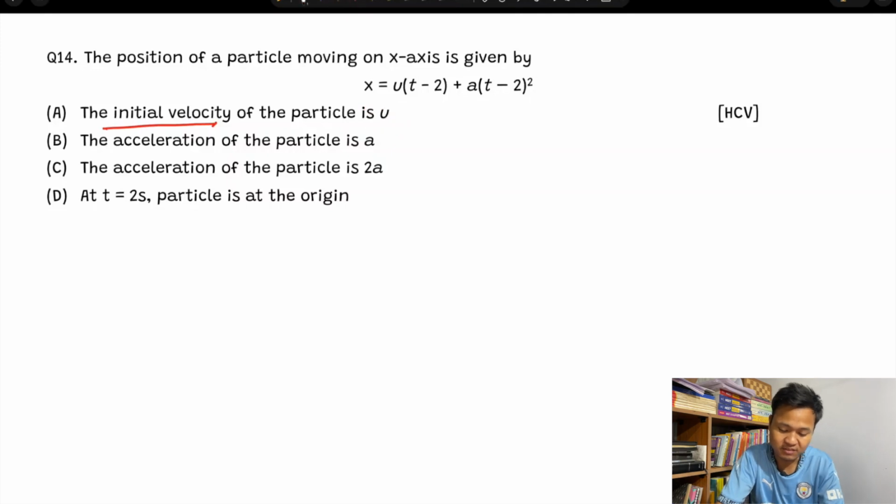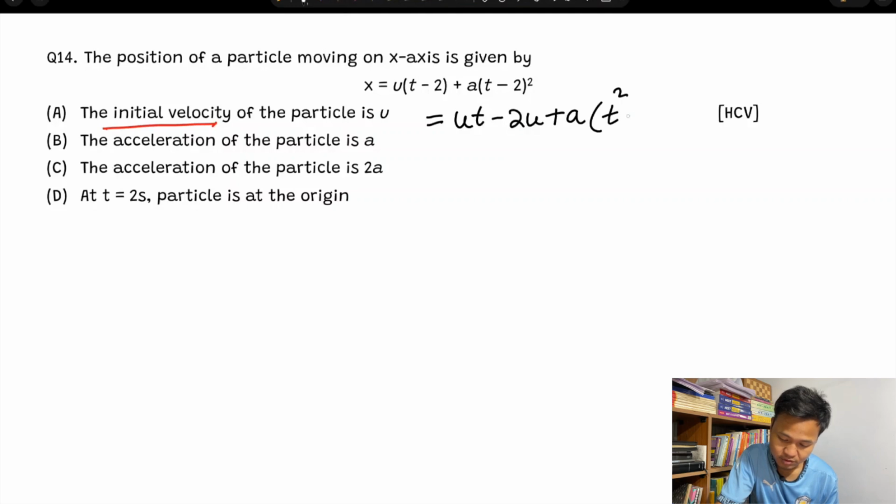So you differentiate the given x. If you differentiate this, how much will you get? This is ut minus 2u plus a into t square minus 4t plus 4, using the a minus b whole square formula. Ut minus 2u plus at square minus 4at plus 4a.